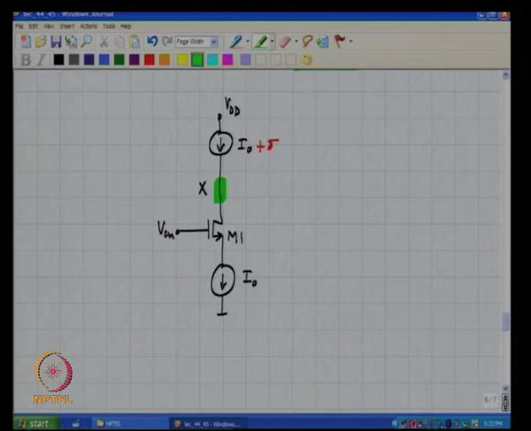Now, in the ideal world where the current sources are ideal, this potential will go to infinity, but in practice we know that this current source which is in the load network is being implemented by a what kind of transistor?